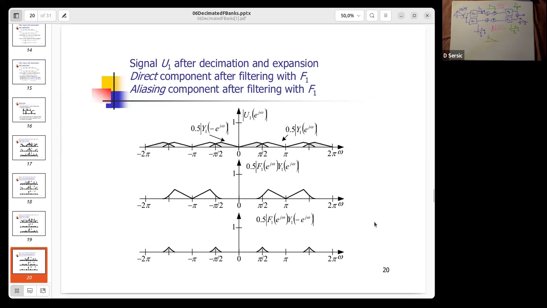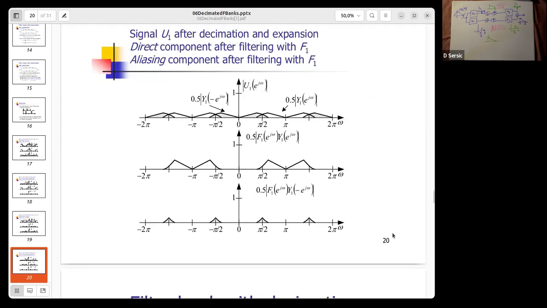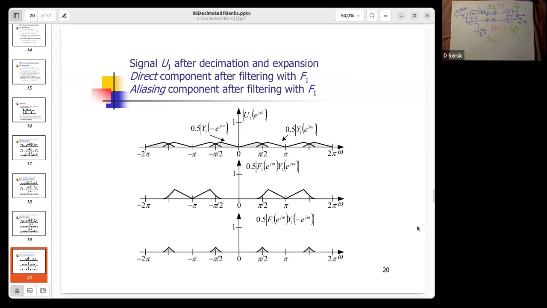Okay then. So even with some real filters, we can achieve approximate perfect reconstruction. If we have not ideal but good filters that are actually selective, that are good half band filters, in that case, that aliasing part is not very big, and maybe one can say that we can live with it.